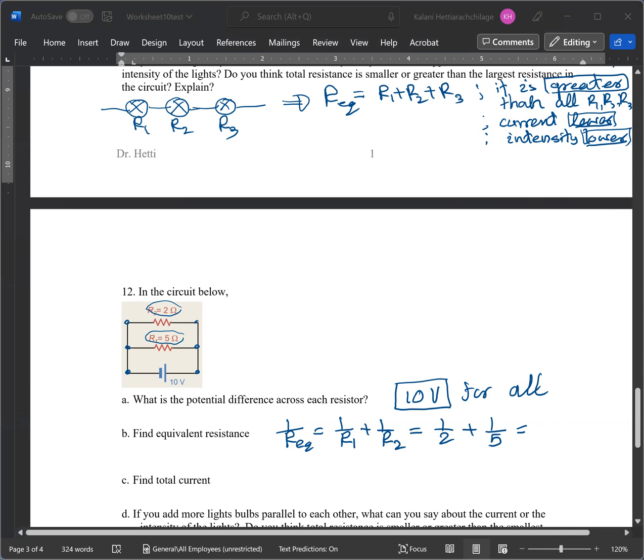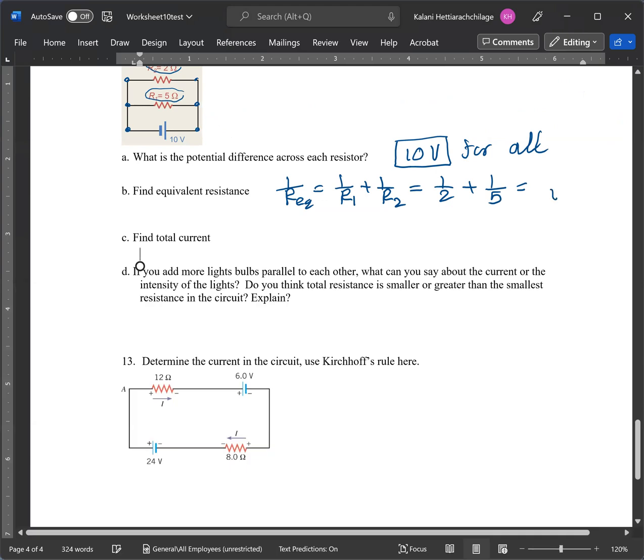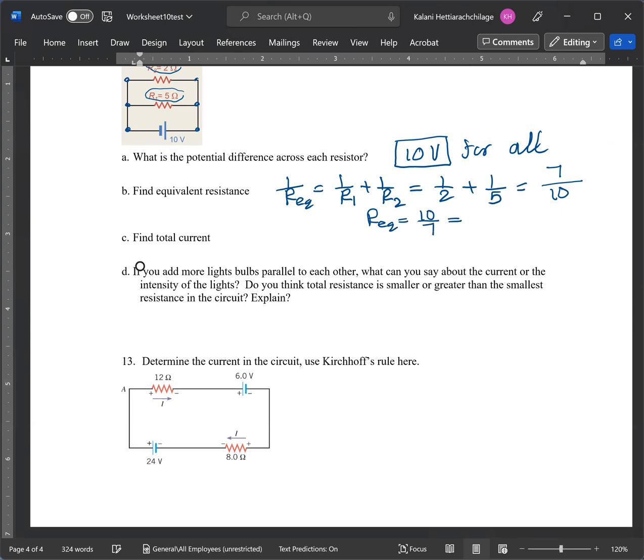So now plug it into the calculator and then you're going to get the value. I'm going to probably do it in here, like take the 10 and then I have 5 plus 2 is 7, right? So R equivalent is equal to 10 over 7, which is around 1.43 ohms.